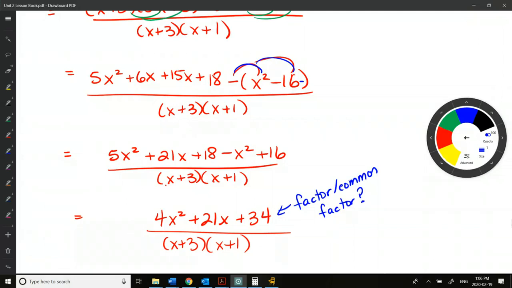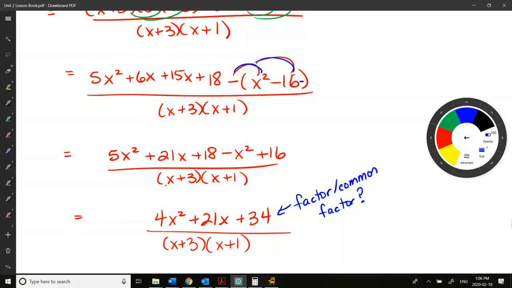So you would be basically looking for two things that multiply to 136 and add to 21. You can try to divide out a couple things. You can try to divide 136 by 6 to start, but 136 isn't divisible by 6. So we've got 2 and 68.